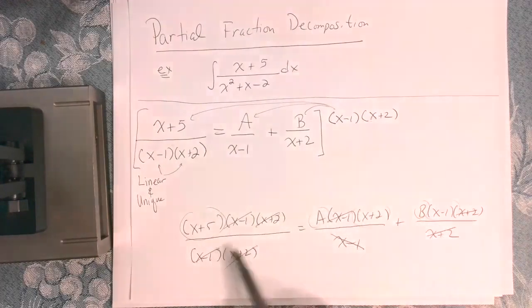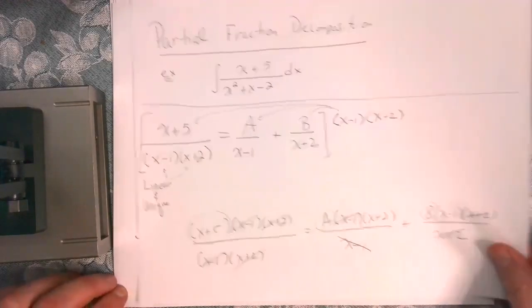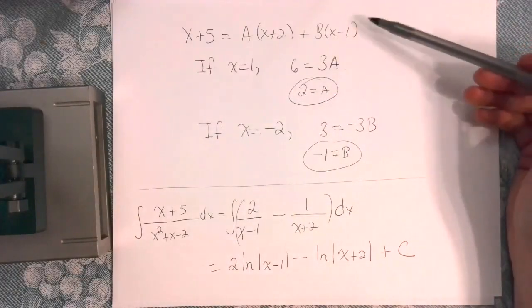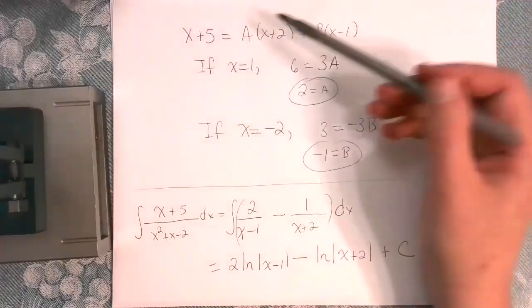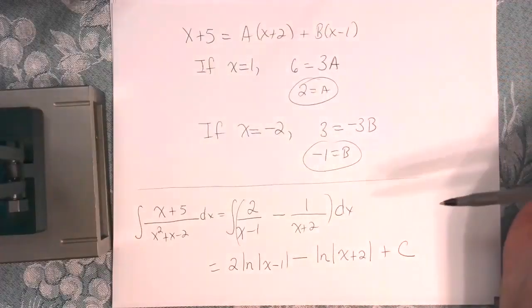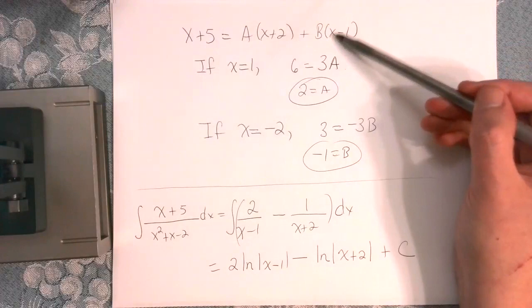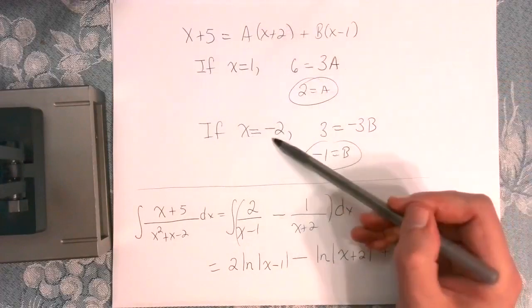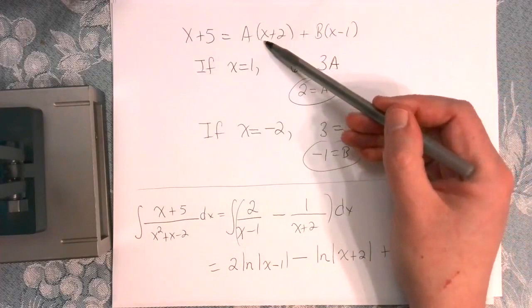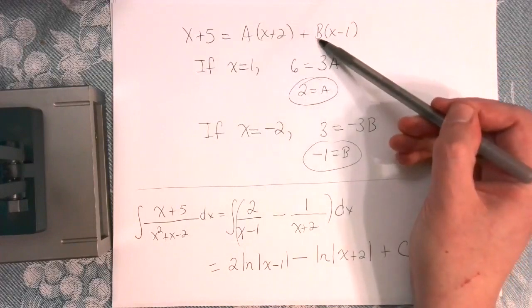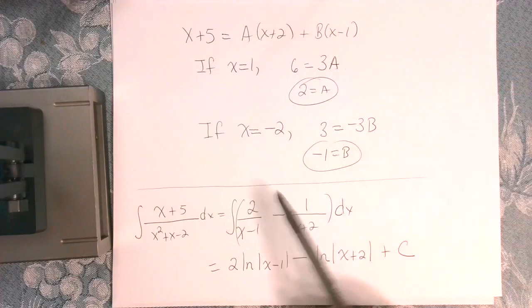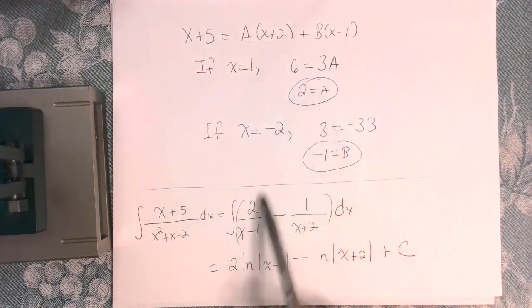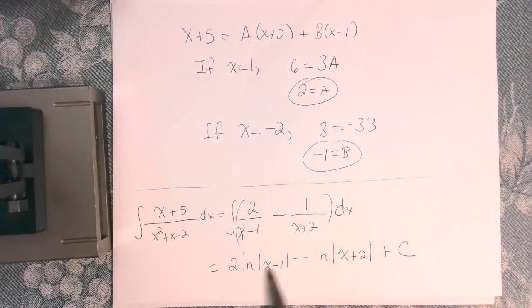After we distributed and canceled, we ended up with something that was a lot nicer, namely this. We then choose convenient values for x that allow us to solve for a and b individually. If x is 1, this will drop out, and I can solve for a. If x is -2, this will drop out. That allows me to solve for b. Once I have a and b, rewrite your original integral like this by plugging a in for a and b in for b, and simply integrate.